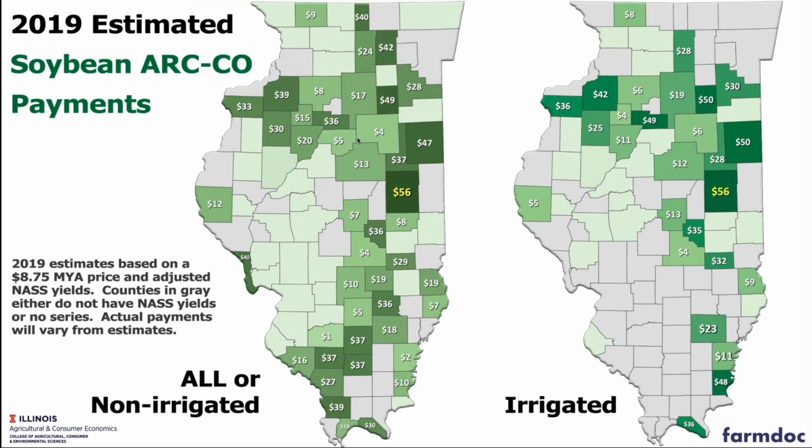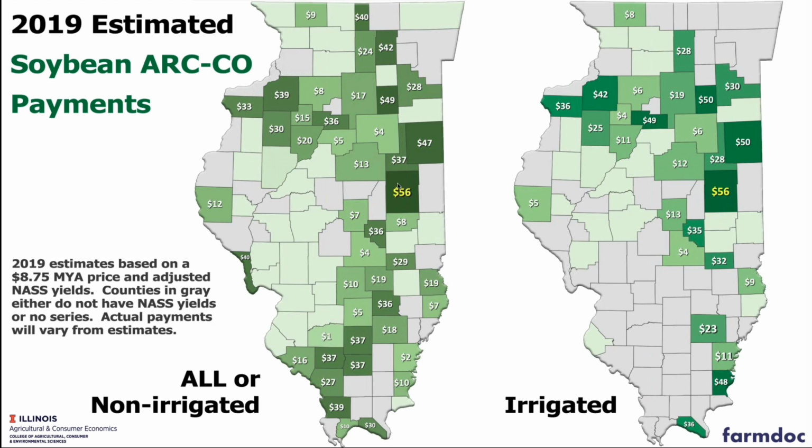So you can see here we have some pretty large payments. Henry, Knox, this area of the state, we have some larger payments all along the eastern border here. Our highest payment actually is Champaign County, $56 per base acre. If you're in Champaign County, I guess I would take ARC County.